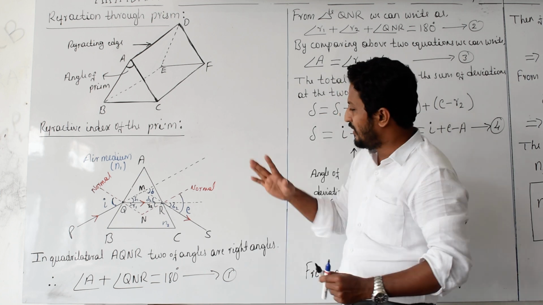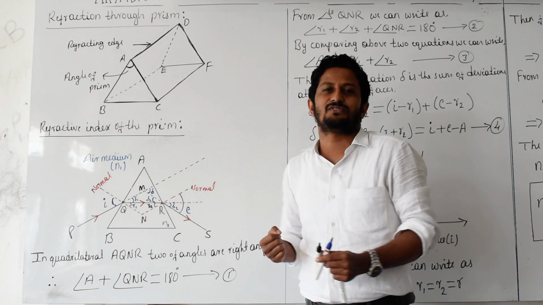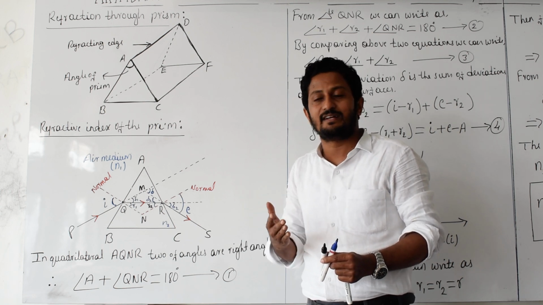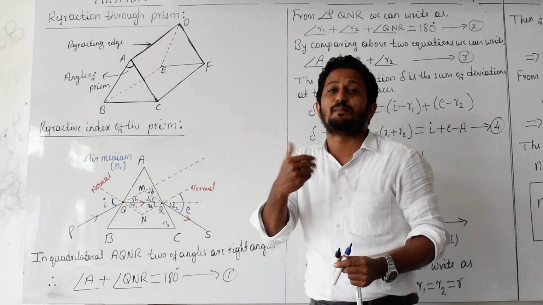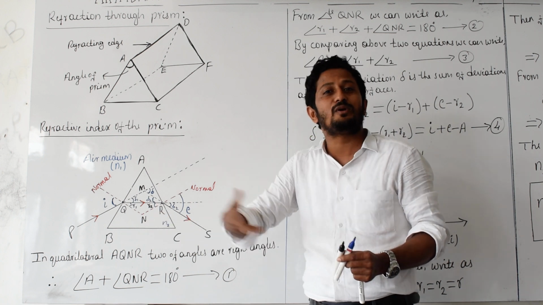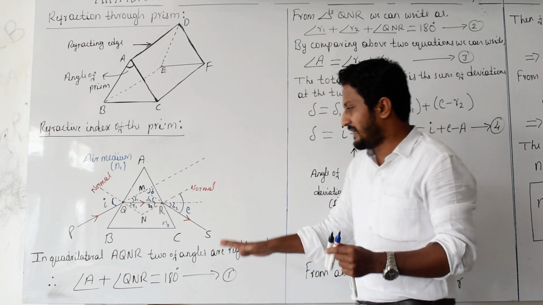Now, according to that diagram, we are going to derive some expressions here. We are going to find finally the refractive index of that prism material with respect to its surrounding medium. To get that, now look here.